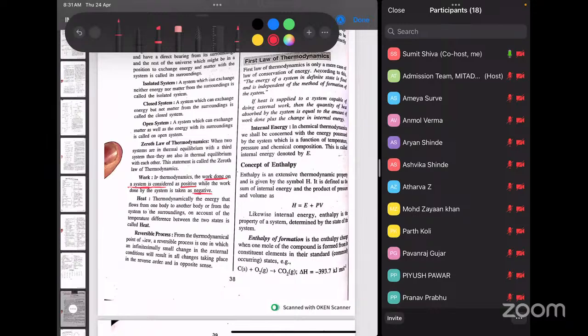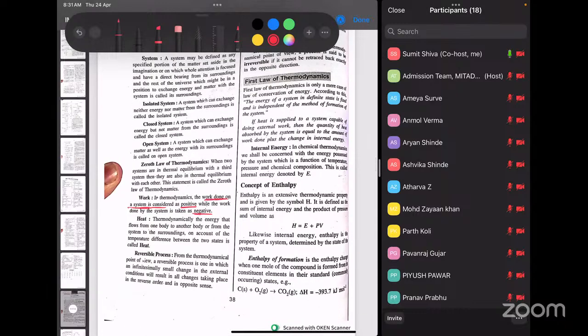Then we have the reversible process. Reversible processes are the processes which can go in both directions, forward direction as well as backward direction. In a reversible process, a small change in external condition will give a small change in the parameters of the process.